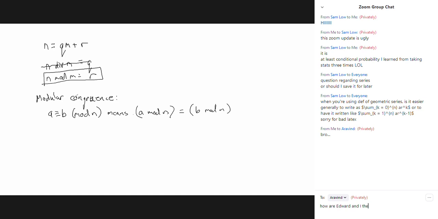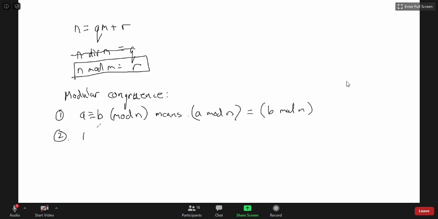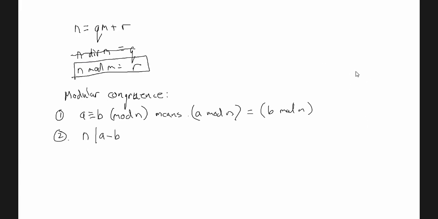If I did division algorithm expansions of A and B using N as the divisor, I would find that those two remainders are the same. And remember, this is equivalent to the other definition, that N divides A minus B. So we had these two working definitions.